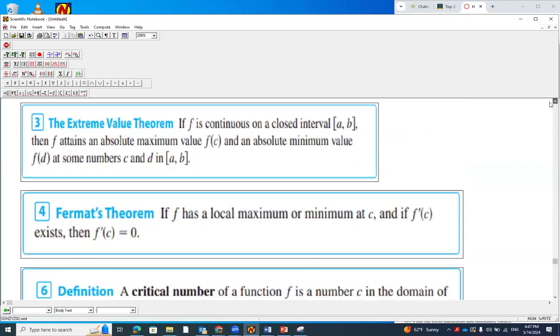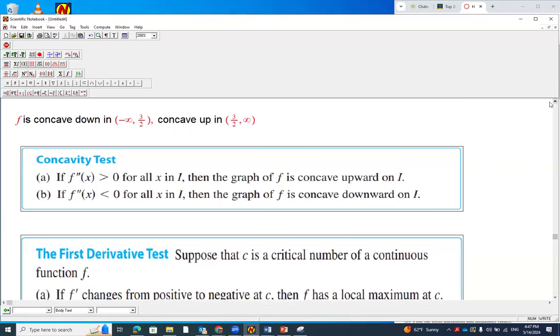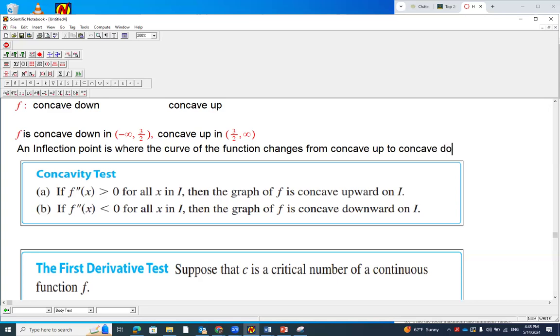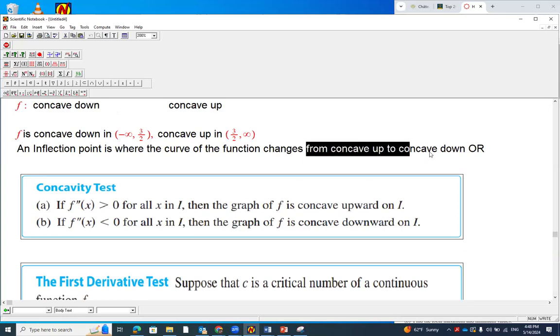Okay, inflection point. An inflection point is a point where the curve of the function changes from concave up to concave down, or from concave down to concave up.